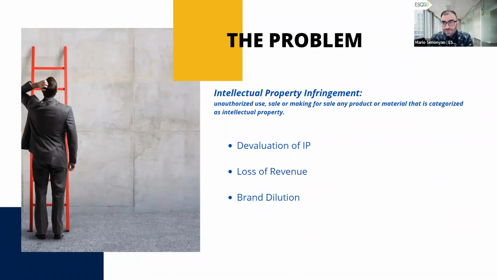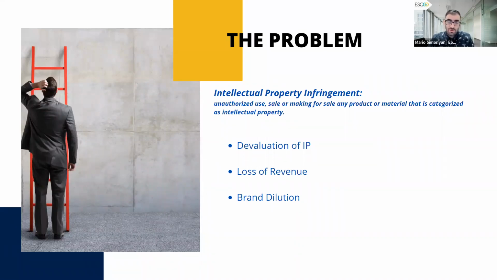So we've seen this issue time and time again: Amazon sellers, or any sort of online entrepreneur, will create a great brand, create a great product. Next thing they know, competitors are stealing their ideas, their product photos, their product ideas, right? And not only are they taking away your revenue and profits, but they're devaluing your intellectual property and diluting your brand.